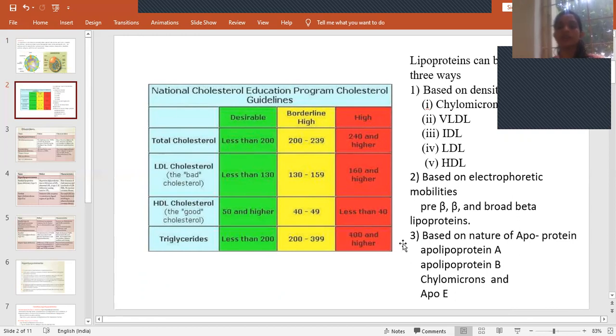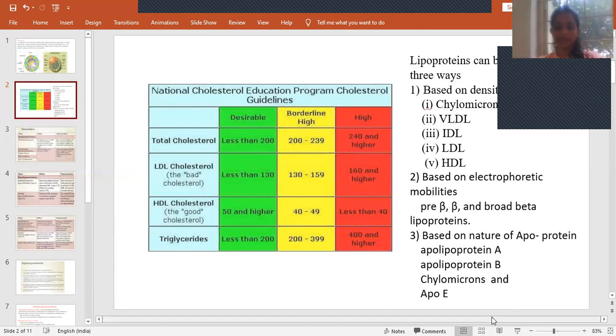So this is the classification of lipoprotein. Once again I am repeating: lipoproteins are classified depending on the nature of the protein, the density, or the electrophoretic mobilities. Based on density, they are of five types: very low density, low density, intermediate density, high density lipoproteins, and chylomicrons.